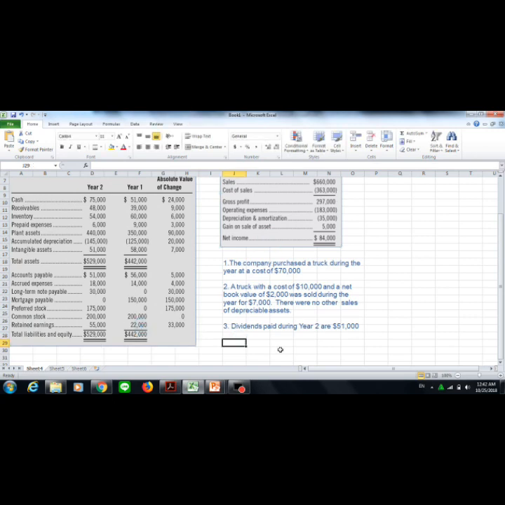As you can see, the change here is 33,000. So we minus it. We use the net income 84,000 minus 33,000. Get it. The dividend is 51,000.